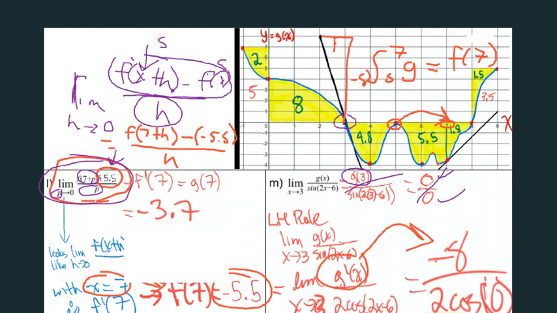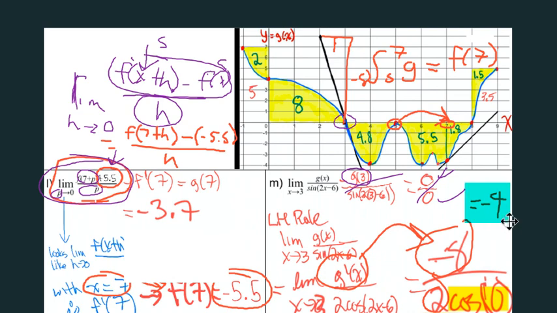What is the cos of 0? The cos of 0 is 1. What are we left with? Negative 8 divided by 2, which is negative 4. Okay, so your final answer for this one is negative 4.